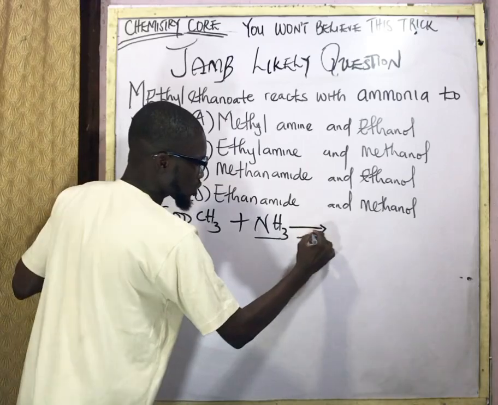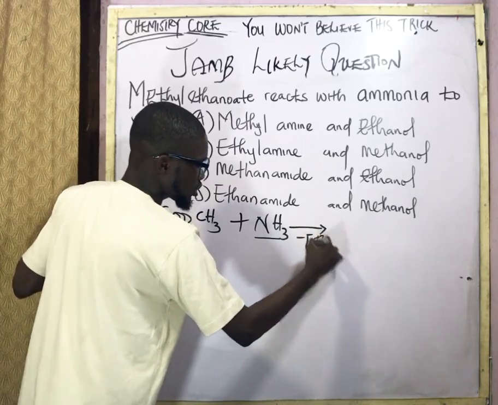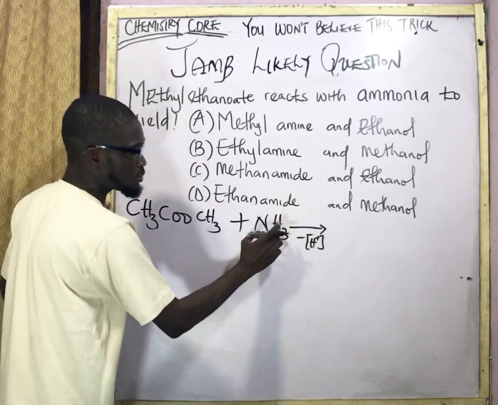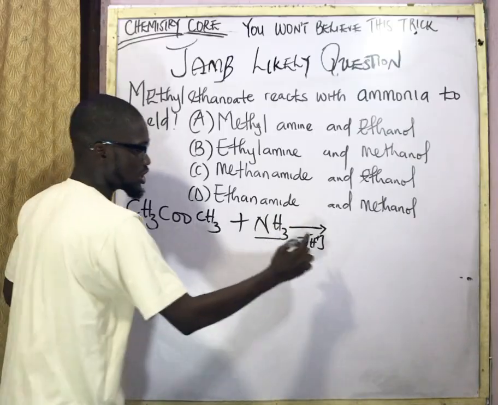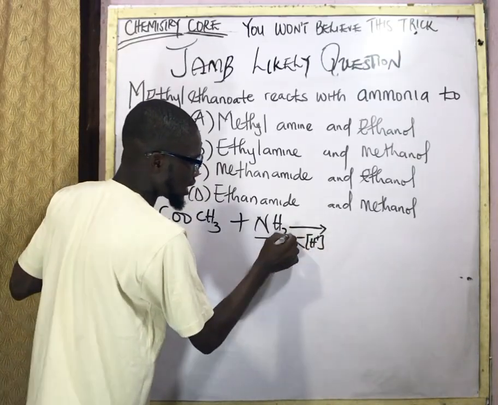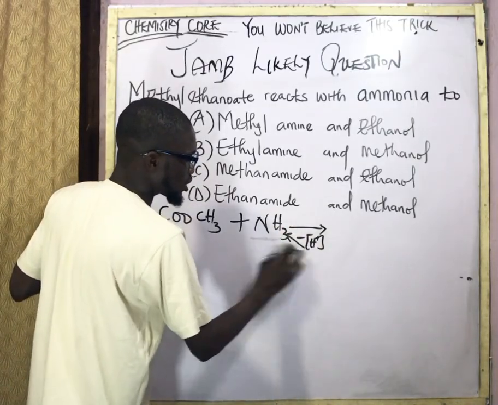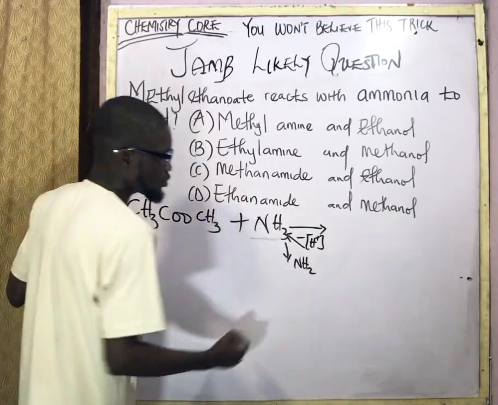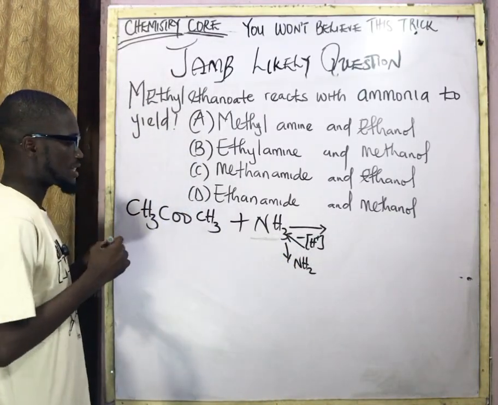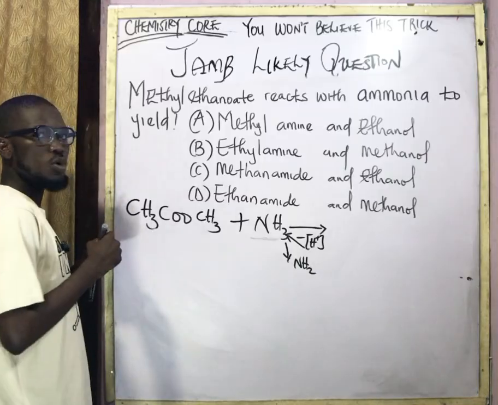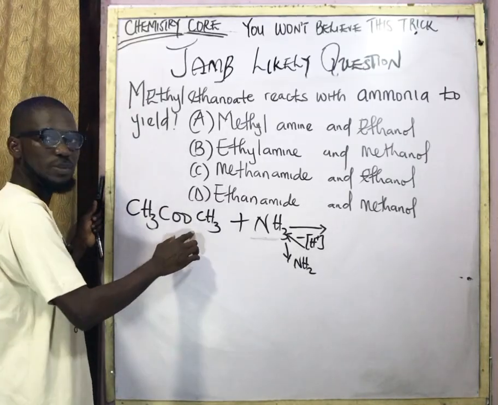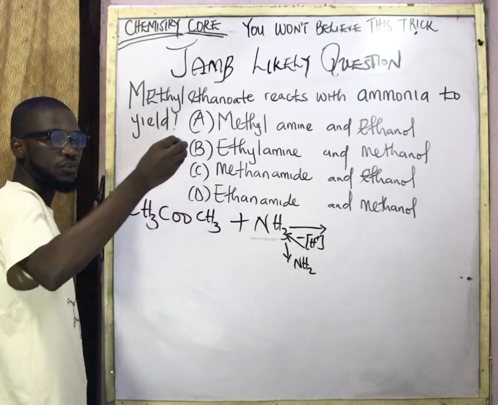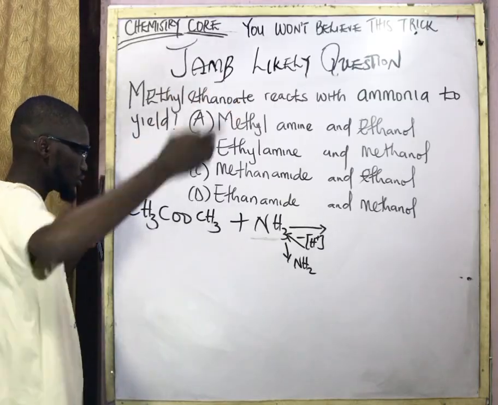So we have to remove one hydrogen from this NH3, and if we remove this one hydrogen from this NH3, we'll be having NH2. Now back to methyl ethanoate, we have to remove a group from this place, since we're talking about the nucleophilic acyl substitution.